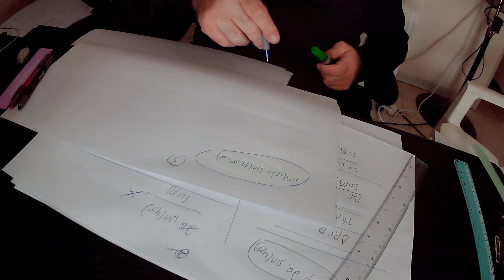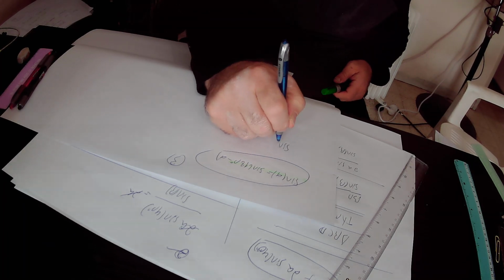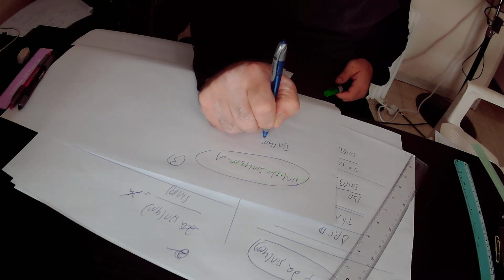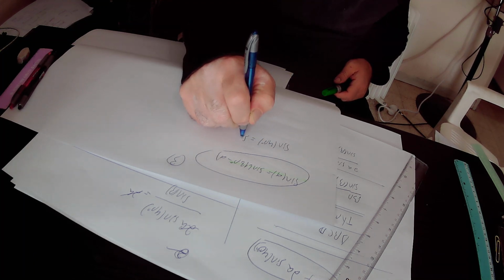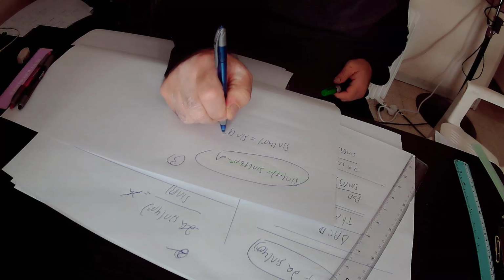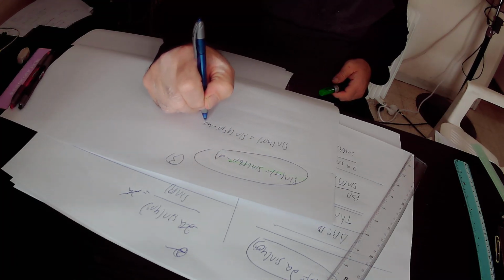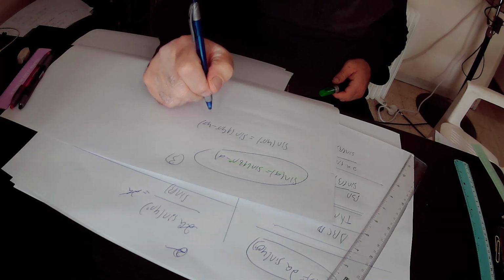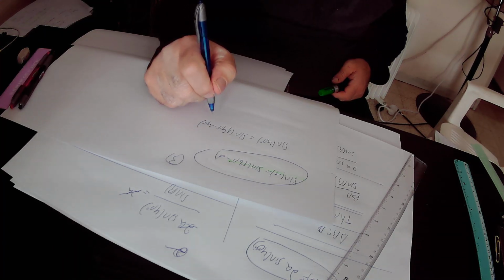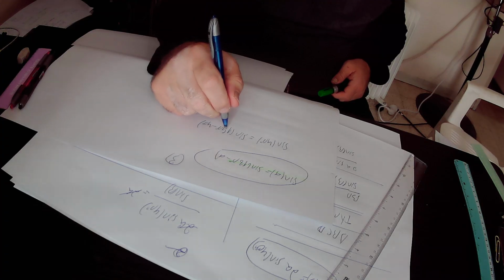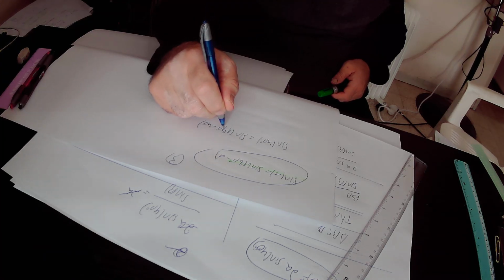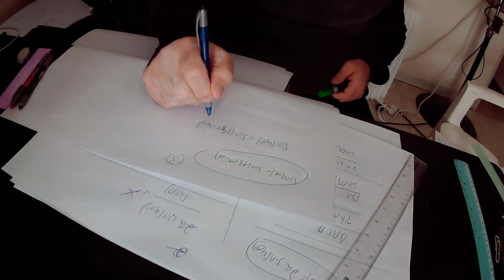So according to this trigonometric identity, we will get that sine 40 degrees equals sine 180 degrees minus 40 degrees.